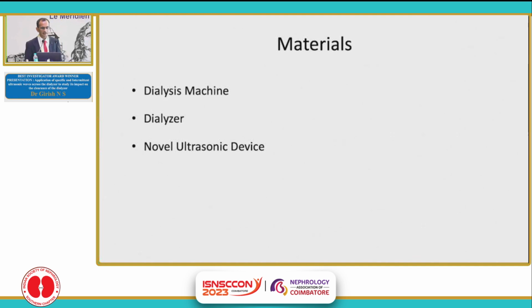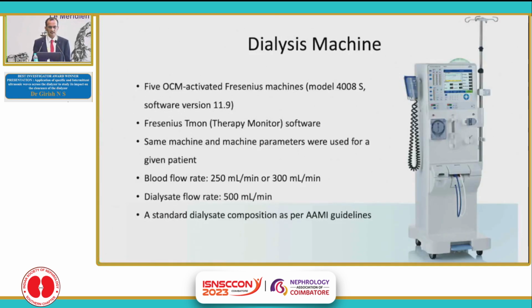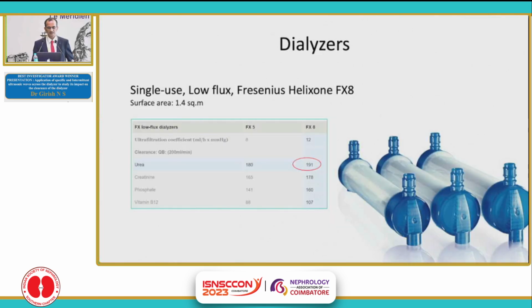So these are the standard gadgets we have used in the study. All our study patients were allocated OCM-activated Fresenius machines, model number 4008S, and all of this came with inbuilt T-MON software, through which we were able to extract the data and the machine parameters. The blood flow, dialysate flow, and dialysate composition were kept static to avoid any variations or external factors influencing it.